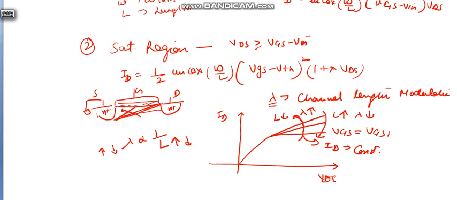So if we want constant current for some VGS voltage, our VDS should be greater than or equal to VGS minus VTH, and we get more and more constant current if we have higher length and smaller lambda.